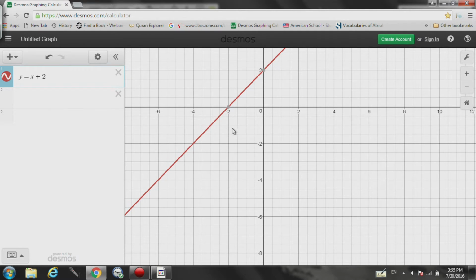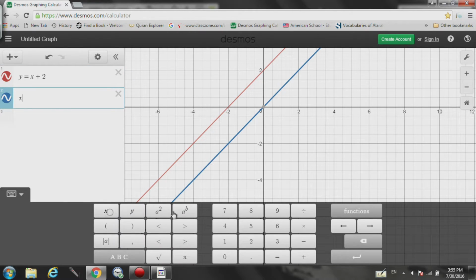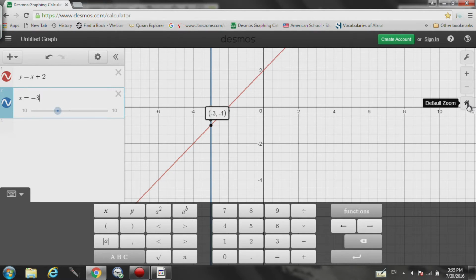That's easy enough. And the second equation given is x equals -3. Okay, this is nice.